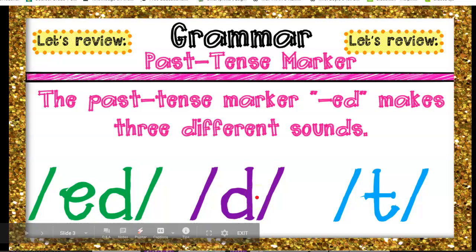So just as a review, the past tense marker spelled ED makes three different sounds. That past tense marker spelled ED can make the ed sound at the end of a word, the d sound at the end of the word, or the t sound at the end of a word.